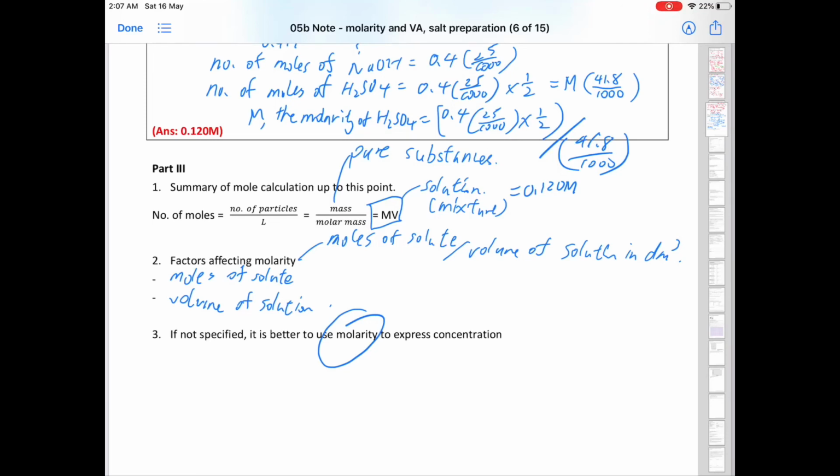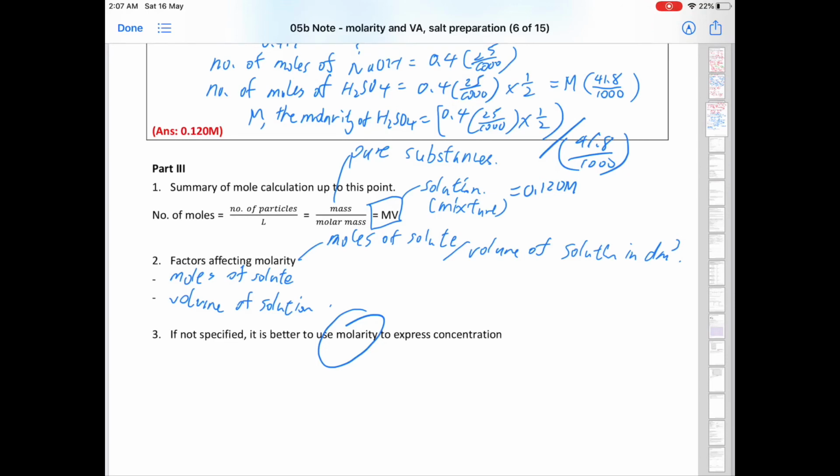If we use the concentration in gram per dm cube, maybe the number of moles of a species is smaller, but that species has a much higher molar mass, then the concentration shown will be higher. So molarity is better for us to use. And that's it for molarity calculation.